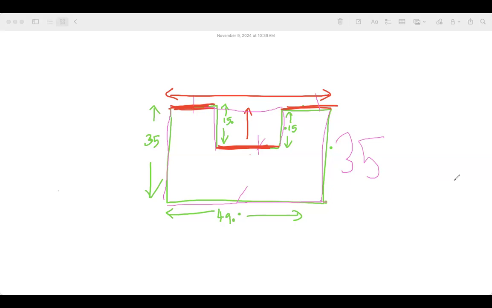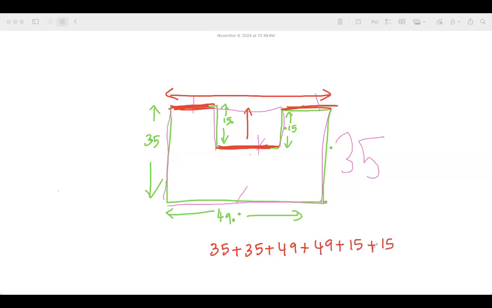Okay. How about you, Nevan? You're still doing. Lakshanya, how did you get 206? Where's the mistake? You should have added the 35, the 49 and a 49 and a 15 and a 15.